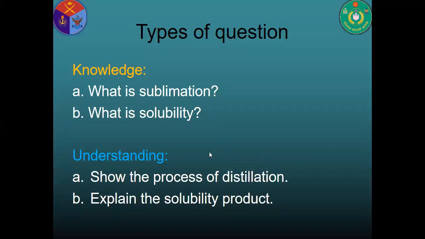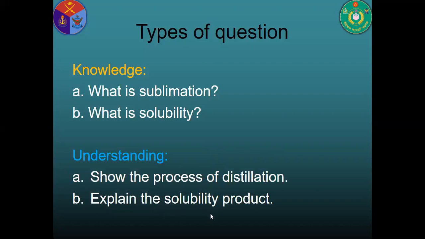The second type is understanding-based question. Distillation process: by using the boiling point, it is a separation process. The substance which has lower boiling point turns to vapor first and goes to the Liebig condenser, and we receive it in the receiver.